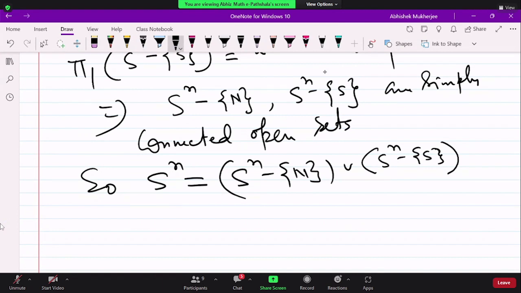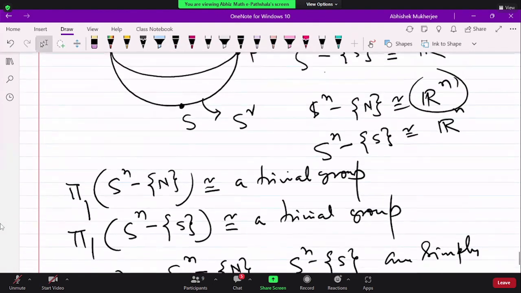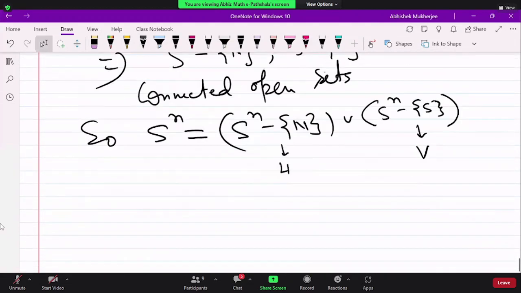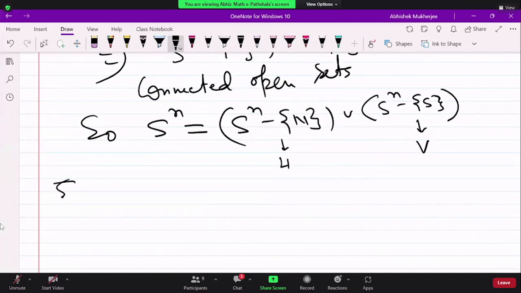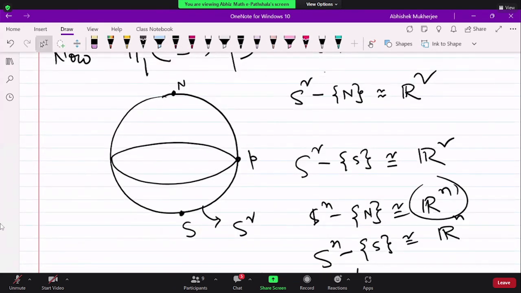Suppose this open set is U, and let us call the other V. And if you make punctures at N and S together, then you will have the intersection U intersection V, that means you have executed two punctures at N and S together.